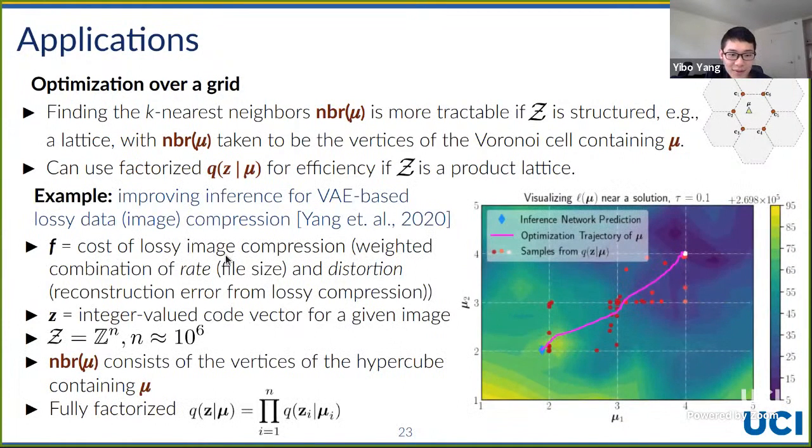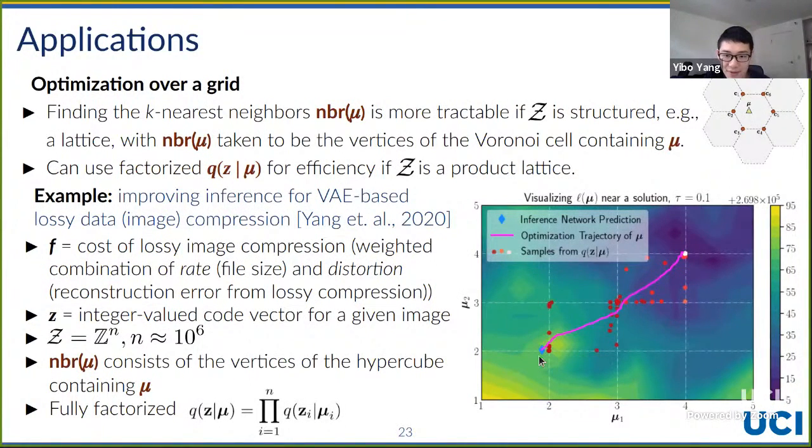So we apply this algorithm to improving the encoding of lossy image compression. Again, this f function now is the rate distortion loss, or rather the negative log joint probability I mentioned earlier.